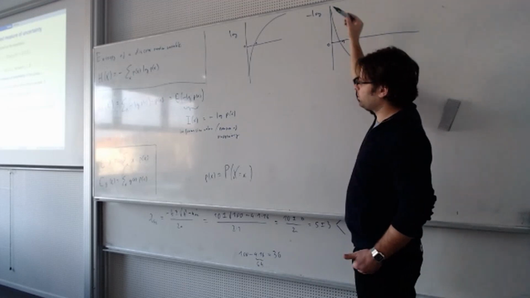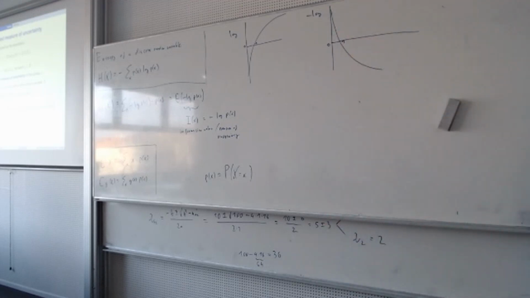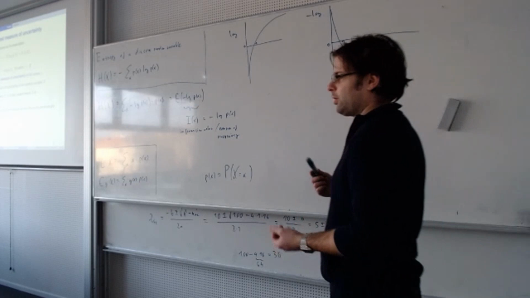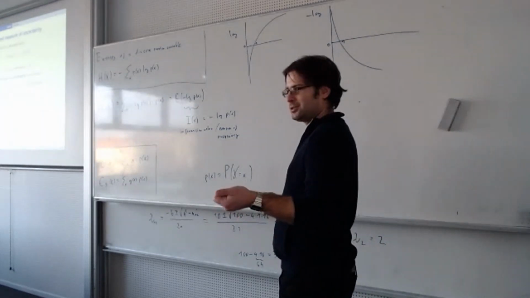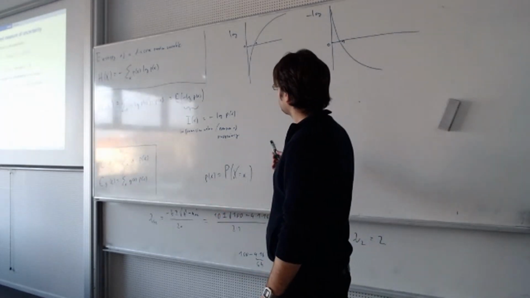Okay. So that's why the minus logarithm of the probability is used as a measure of uncertainty. If you have a system where there are two values possible, one of them is highly likely, say 0.9, 90%, and the other one is quite unlikely, 10% or 5% or 1% or whatever, then it is much more surprising if the smaller one comes up.